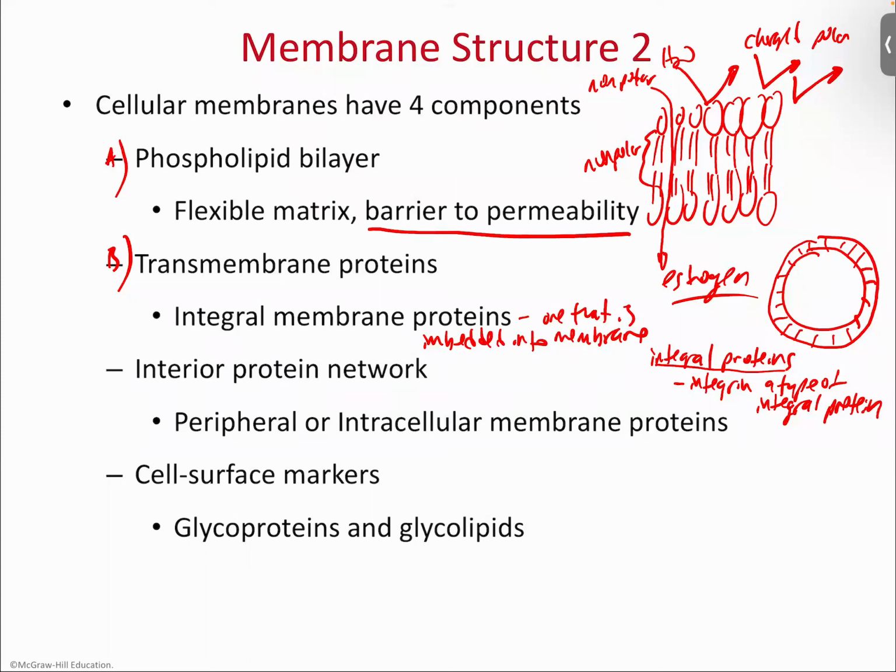Not every integral protein is integrin, but integrin is an integral protein. The way you integrate a protein into the membrane is by using what's called a transmembrane domain. So I tend to use the term transmembrane proteins, which are essentially integral proteins, and I don't use the term integral proteins.